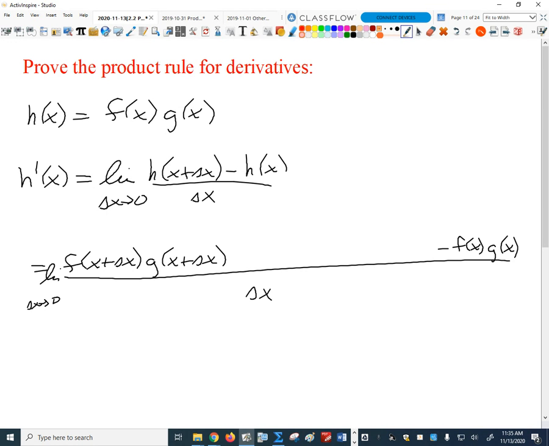I could subtract f of x plus delta x times g of x, and then turn around and add that term. I think I just want a g of x there, don't I?